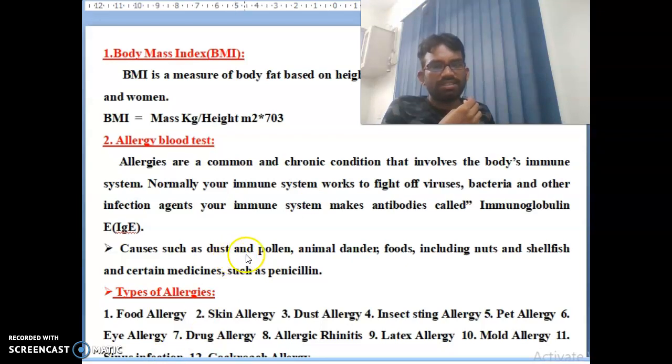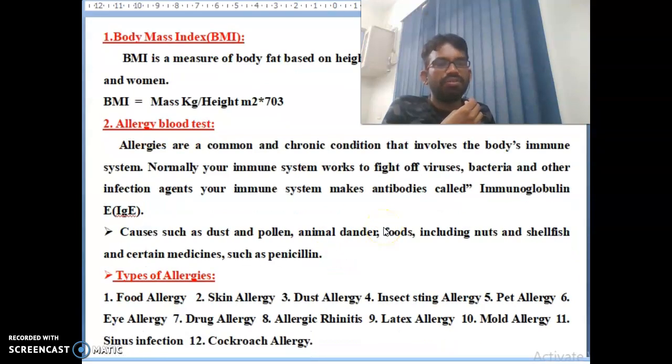Causes such as dust and pollen, animal dander, food including nuts and shellfish, and certain medicines such as penicillin also sometimes. These are some of the factors affecting allergy. If an allergy affects our body, then your immune system will be suppressed.